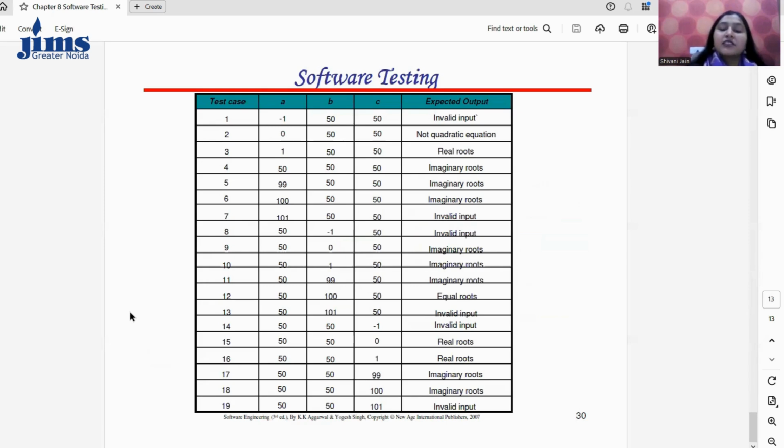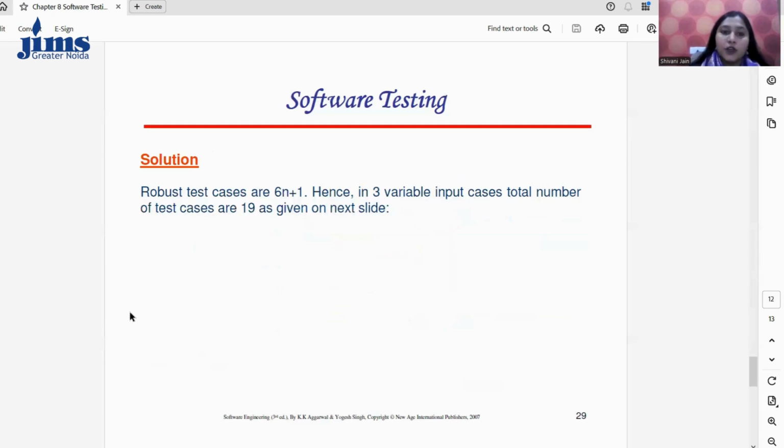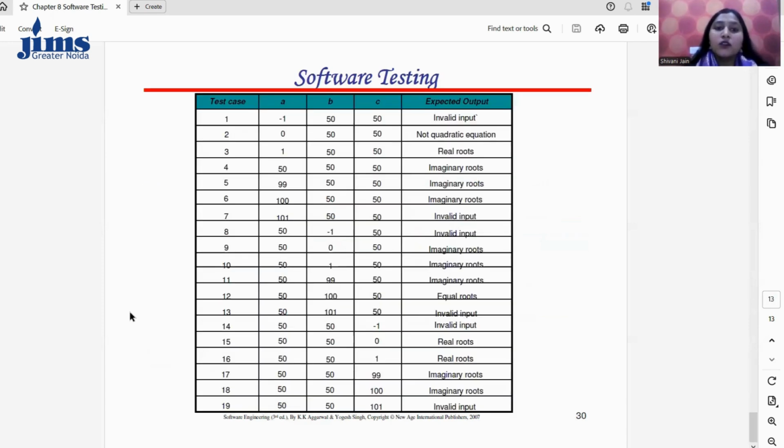If we consider the same example of the quadratic equation, total test cases here would be 19, because the number of inputs is 3 and the number of test cases in robustness testing is 6n plus 1. So in this example, from 1 to 7, we are testing the boundary values of A and keeping the values of B and C nominal.